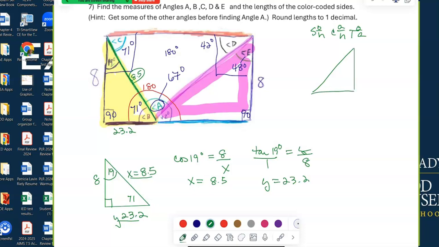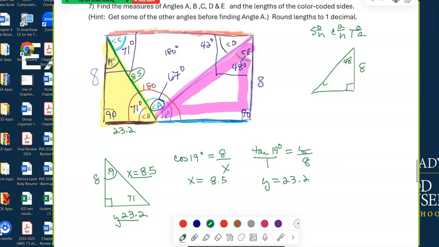What do I have? I know this is 8. It's 48 on the top there. And I know this is 42. We'll call this Z, and we'll call this Q. And I should call it small q, so I don't want to do that. Let me just call this small p.